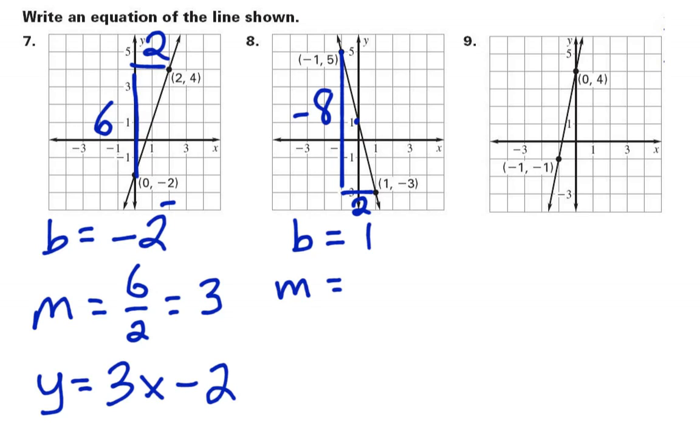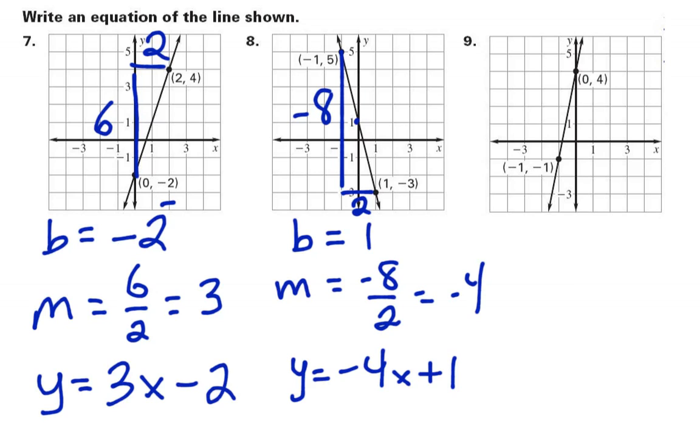Because I'm going from left to right, my run should always be positive. Going to the right is positive. So really, it's up to the rise as to whether or not my slope will be negative. In this problem, the rise over run is negative 8 over 2, which simplifies to negative 4. So the equation for my line is y equals negative 4x plus 1.